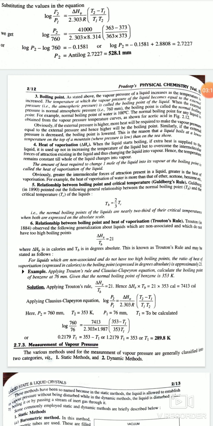This is known as Trouton's rule and may be stated as follows. For liquids which are non-associated and do not have too high boiling points, the ratio of heat of vaporization expressed in calories to the boiling point expressed in degrees absolute is approximately 21.